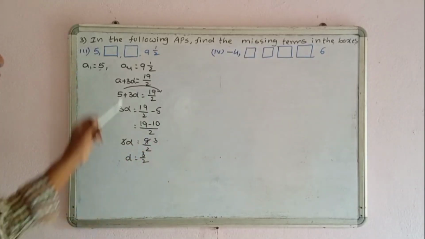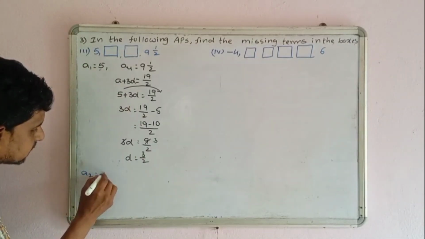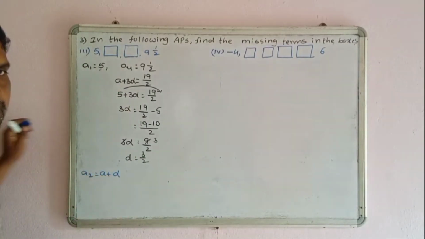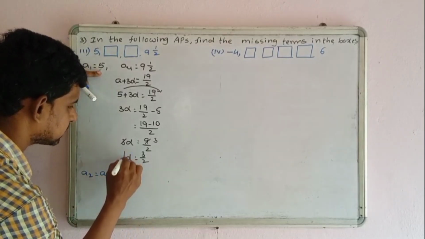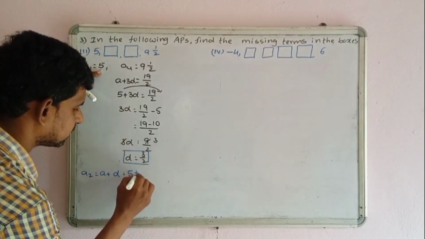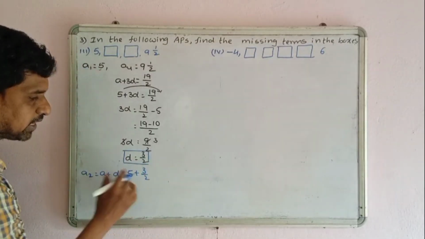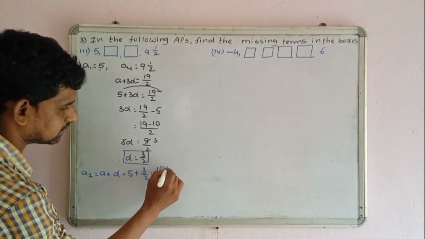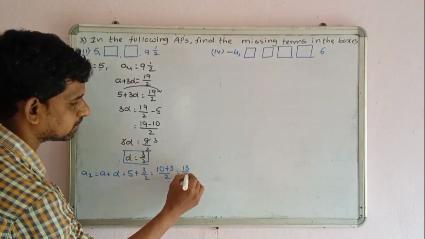Now we will find A2 and A3. A2 means A plus D. The value of A is 5 plus D value 3 by 2. 2 5s are 10, 10 plus 3 by 2, 10 plus 3 is 13 by 2.